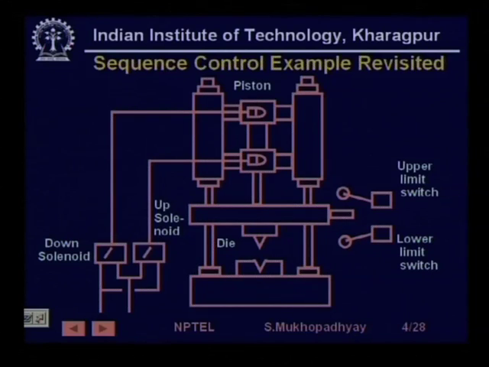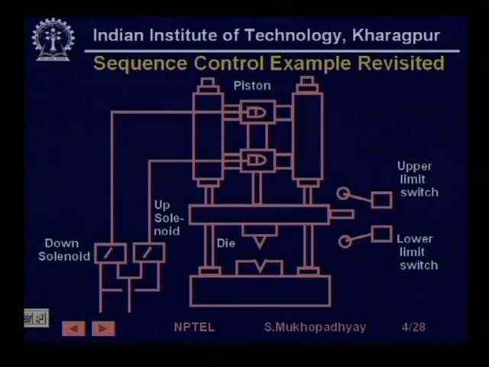So, we take a second look at our previous example of the die press. So, here is the die press, where basically the piston moves the die up or down depending on whether the up solenoid or the down solenoid is activated. This directs hydraulic power upward or downward to the piston.